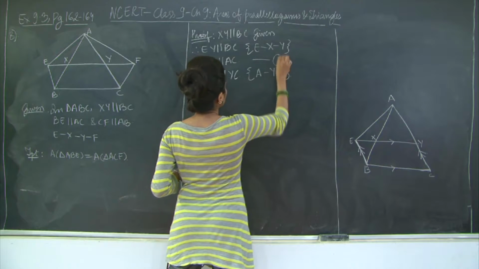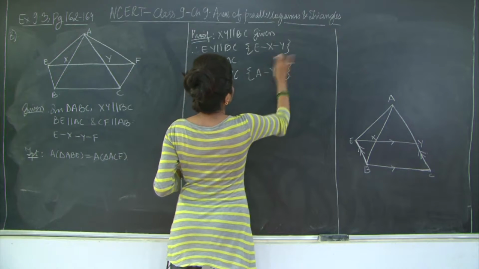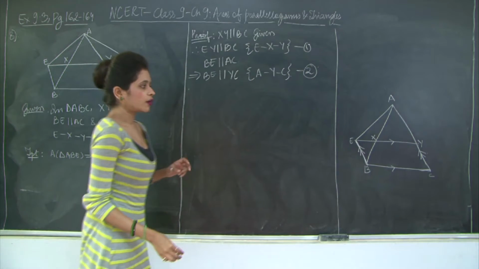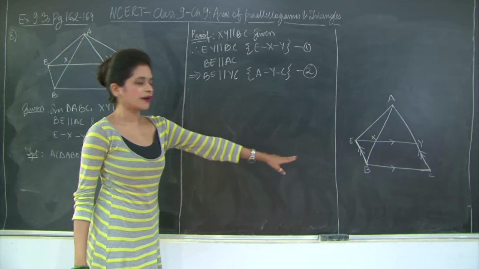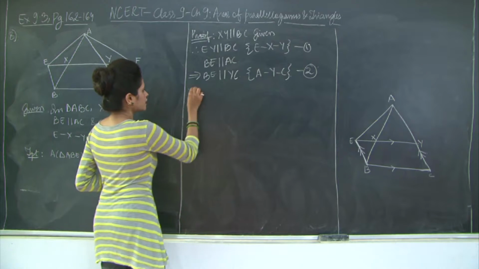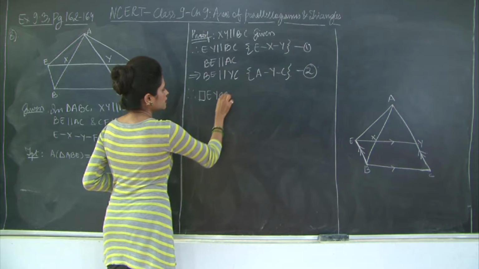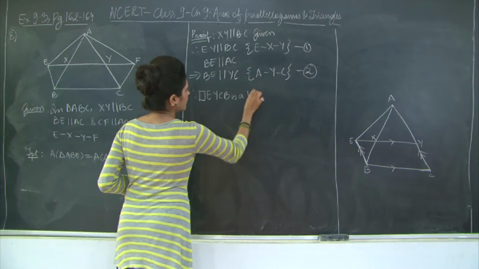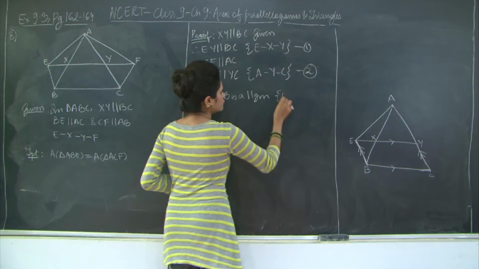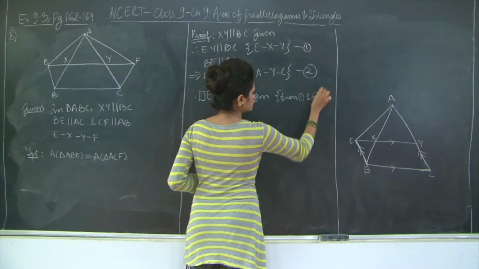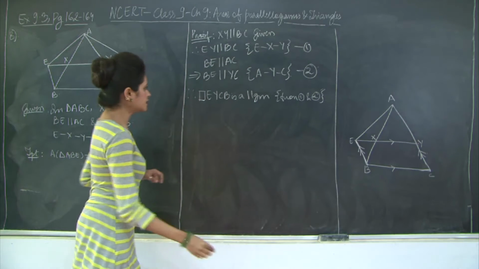So, 1 and 2. What do you get from 1 and 2? That quadrilateral EYCB is a parallelogram. Therefore, quadrilateral EYCB is a parallelogram. I will say from 1 and 2, right?